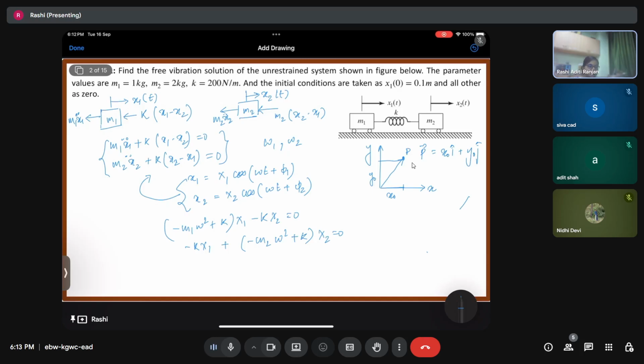Again, I can write it in matrix form, and since X1 and X2 cannot be 0, I make the determinant equal to 0. This is equal to 0.